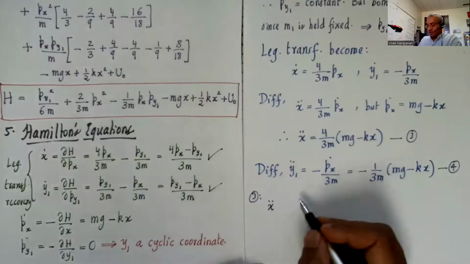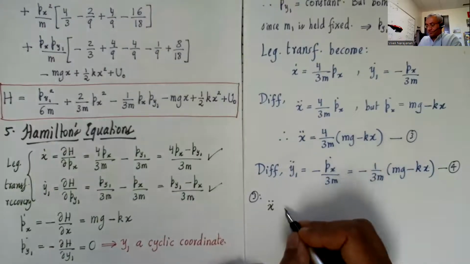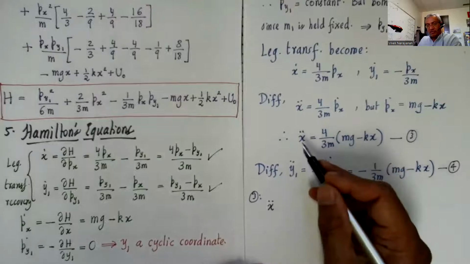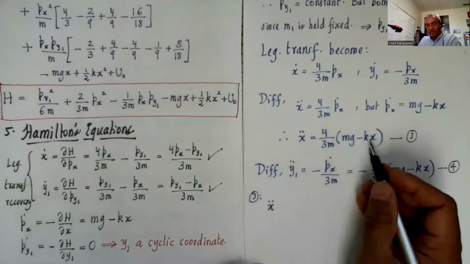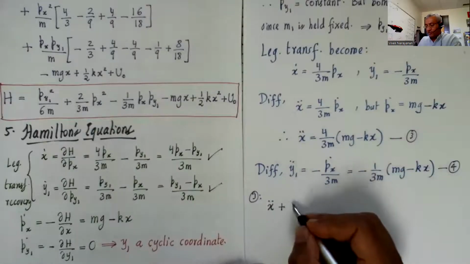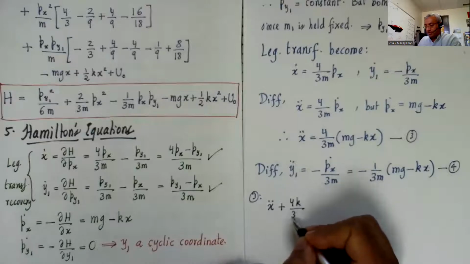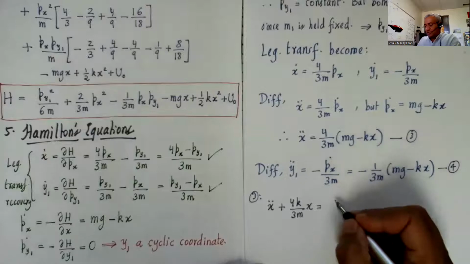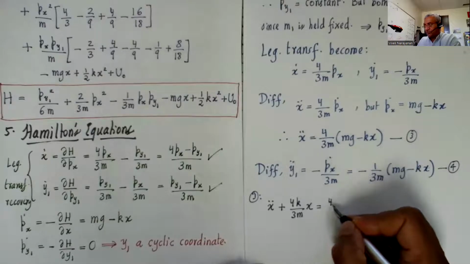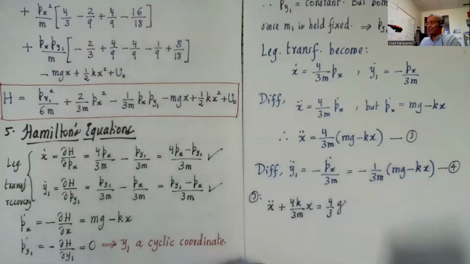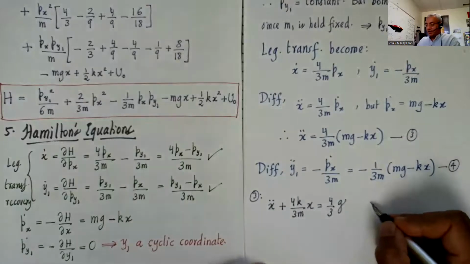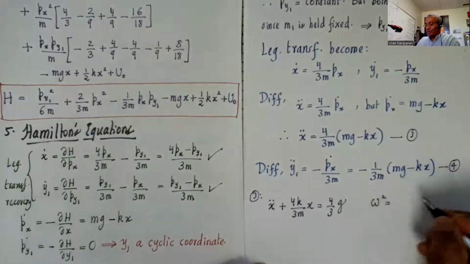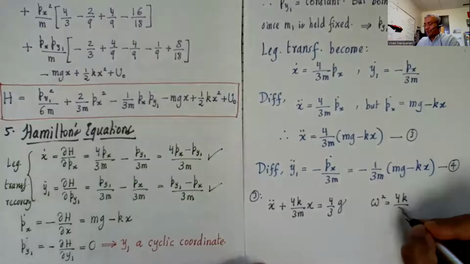So I'm looking now at equation 3. If I divide by m, I bring this term over to this side. So I'm going to get x double dot plus 4k over 3m x. And here, when I divide by m, the m's cancel out. And so that's equal to 4/3 g. Now I'm going to define a natural frequency, omega squared, which is 4k over 3m.